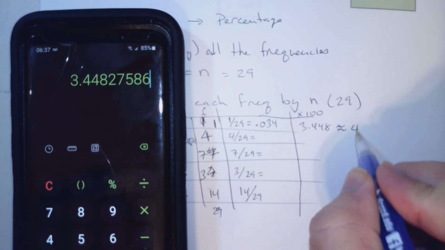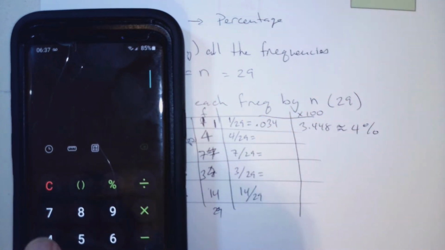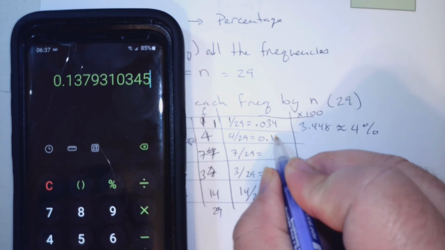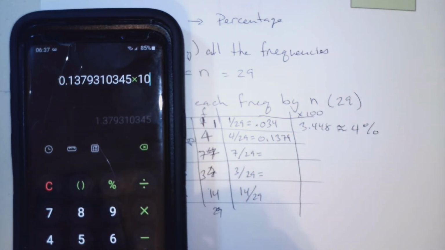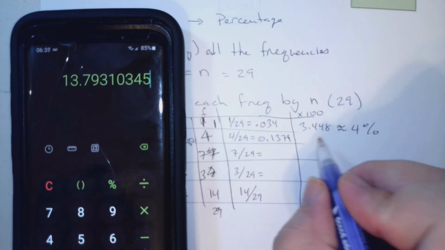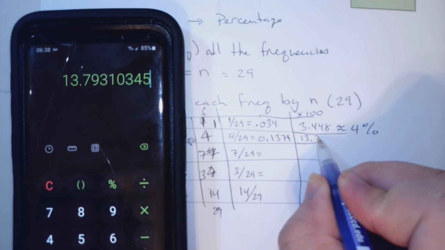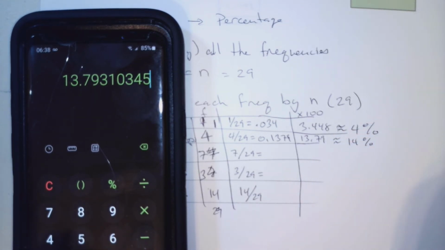It's approximately 4%. Next one is 4 divided by 29 equals 0.1379, times 100. Get 13.79. That's approximately 14%.